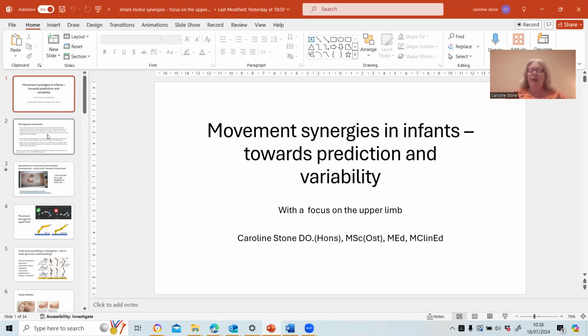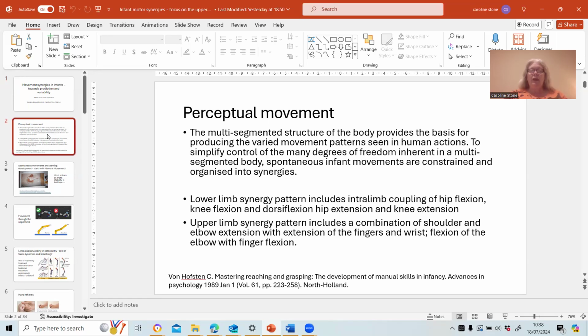So let's begin. What we're going to have a think about is how humans have to create movement in a complex dynamic. A single structure, a single joint, obviously it's very simple to move up and down and forwards and backwards, so not much complicated motor sensory processing is required for that.